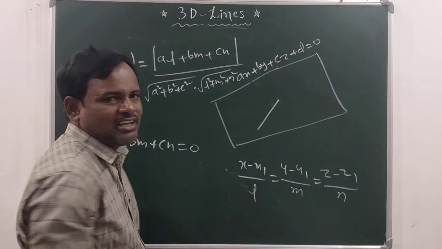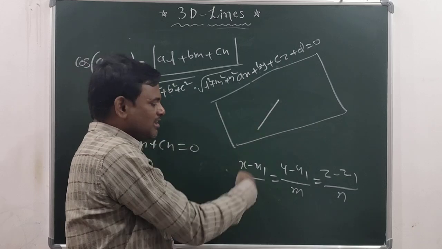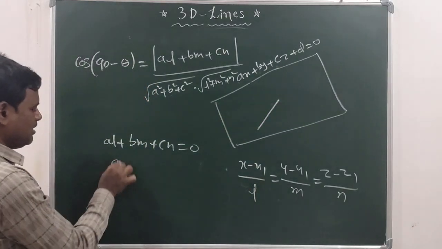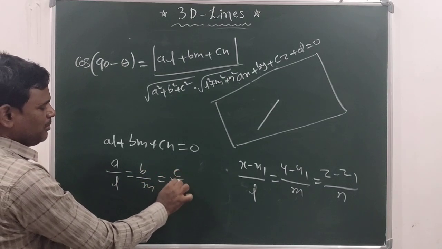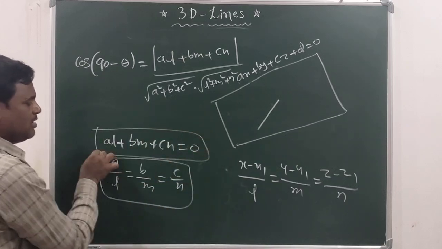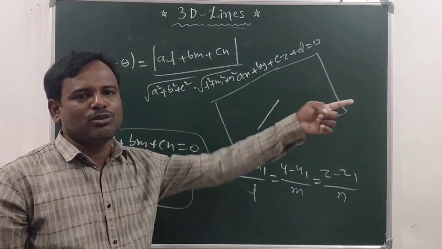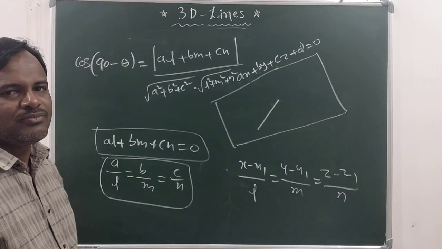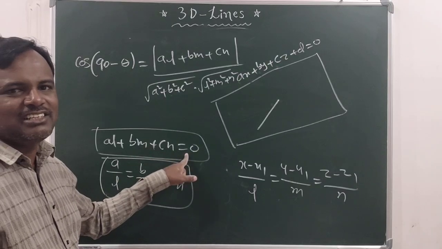If this line is perpendicular to the plane, then this line and the normal both are parallel to each other: a by l, b by m, c by n. This condition you will get. No confusion students. When do you get the condition al plus bm plus cn equal to 0? Whenever the line is parallel to the plane. Why are we getting this condition?